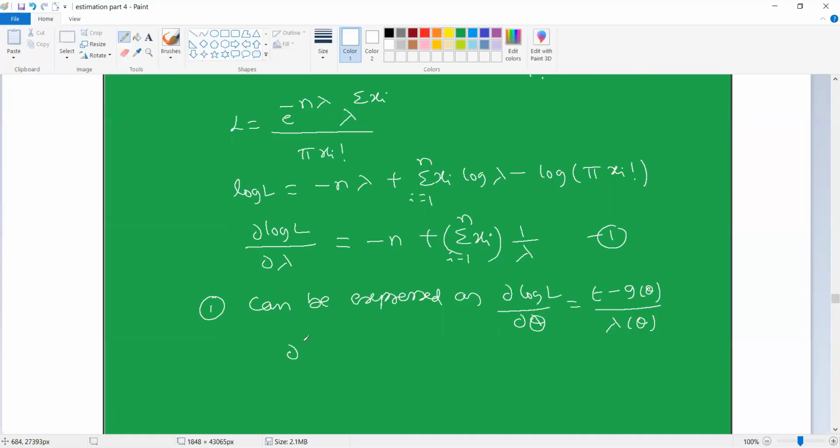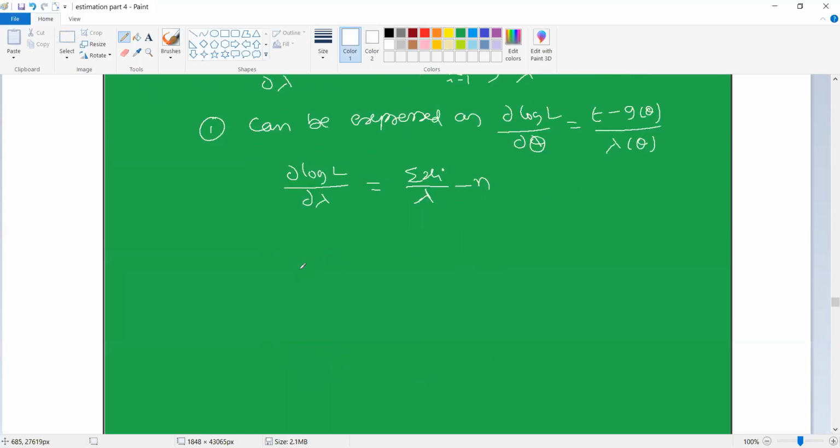Now dou log L by dou lambda is equal to summation xi by lambda minus n, where t is a function of the sample observations. By taking the LCM, dou log L by dou lambda is equal to summation xi minus lambda n, all by lambda.